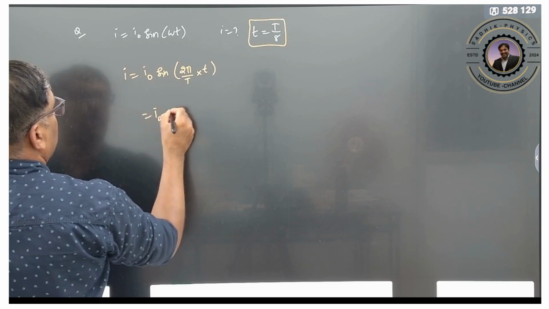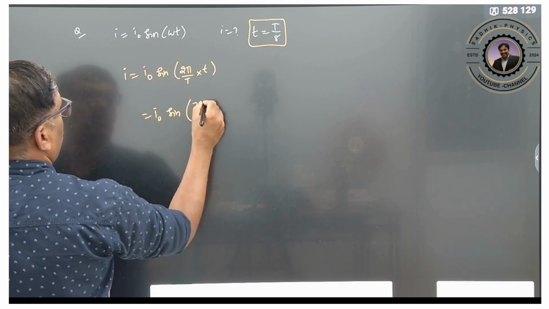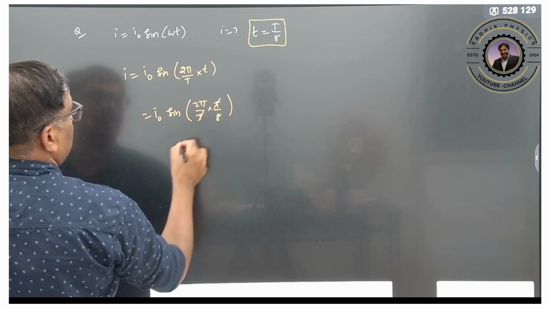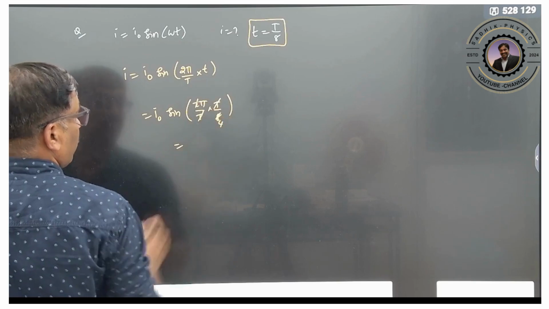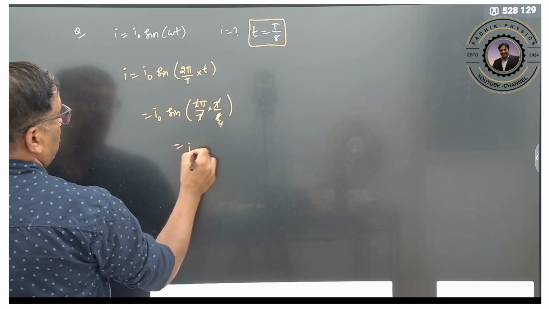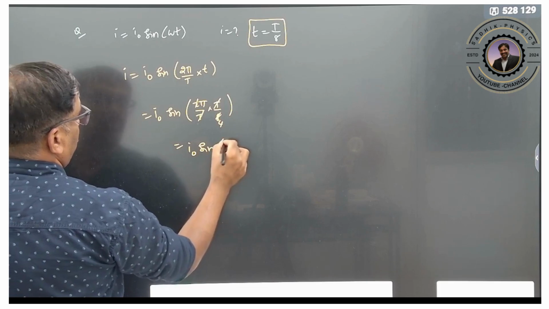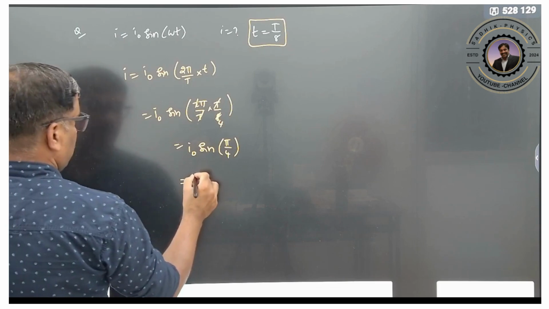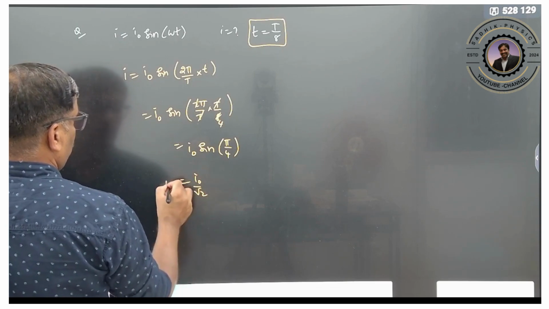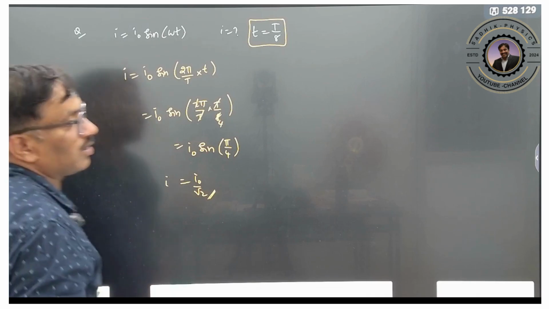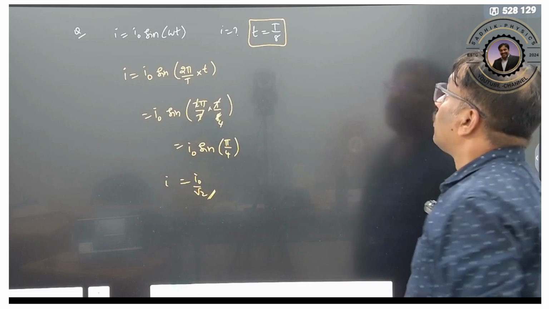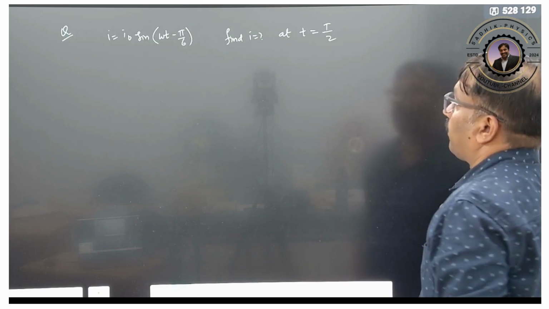So I naught into sine of 2 pi by T into T by 8. So T cancels, therefore pi by 4, I naught into sine of pi by 4. Sine 45 means I naught by root 2. So that will be your instantaneous value at the time t is equal to T by 8.